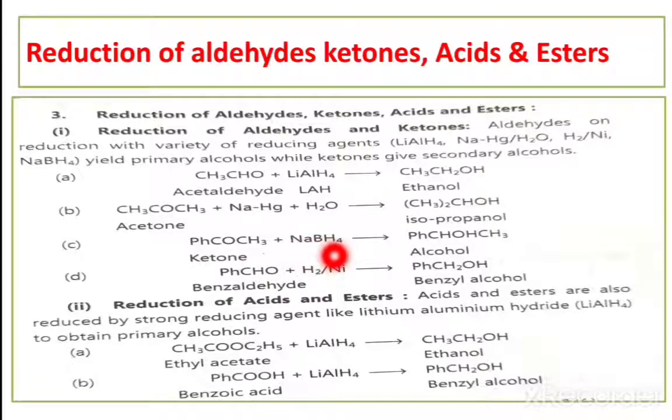Sodium borohydride is a base reducing agent. It is again a source of hydride. This will attack this carbonyl and it undergoes reduction, and here we get Ph CHOH CH3, that means we get the secondary alcohol, because ketone undergoes reduction, we get the secondary alcohol.